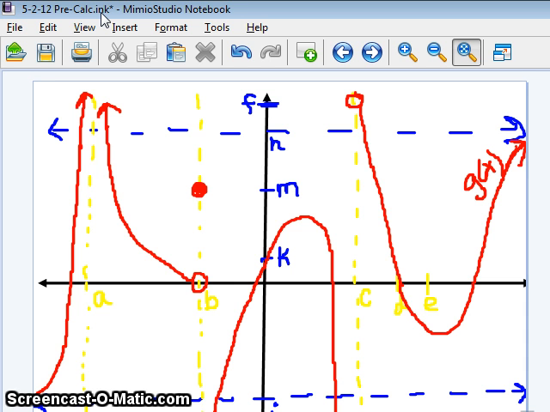Well, in this particular case, we come towards a going to positive infinity, and on the left-hand side, we're going to positive infinity. So since they match, and they're both going to positive infinity, do I have a limit for a? Yes, and what is it?